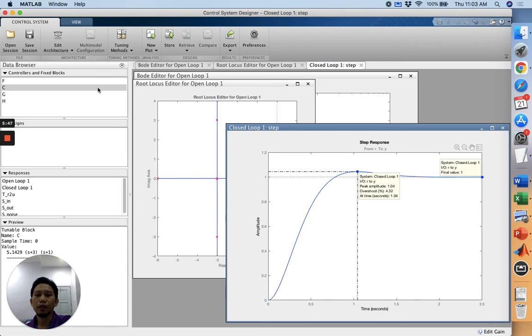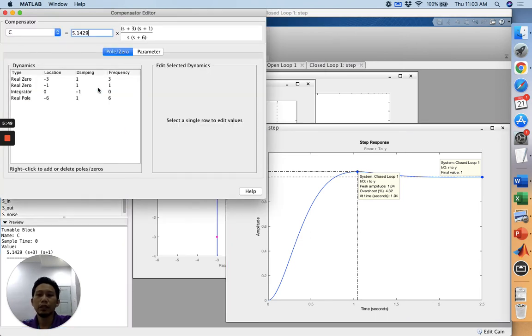We can further improve the response by trying to increase the value of Kc from 5 to 7.